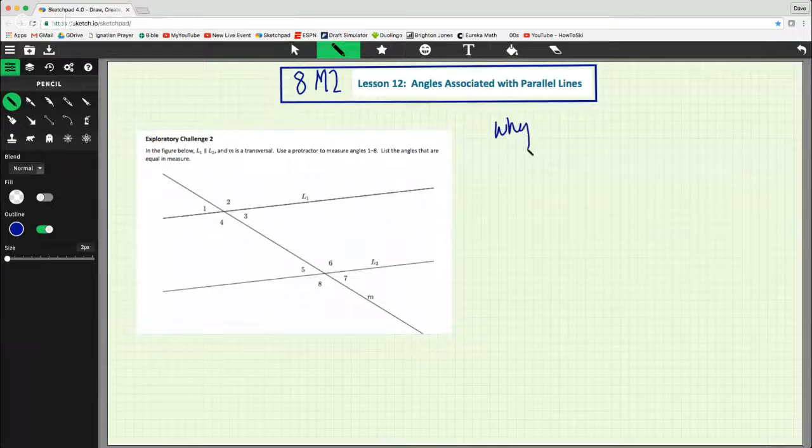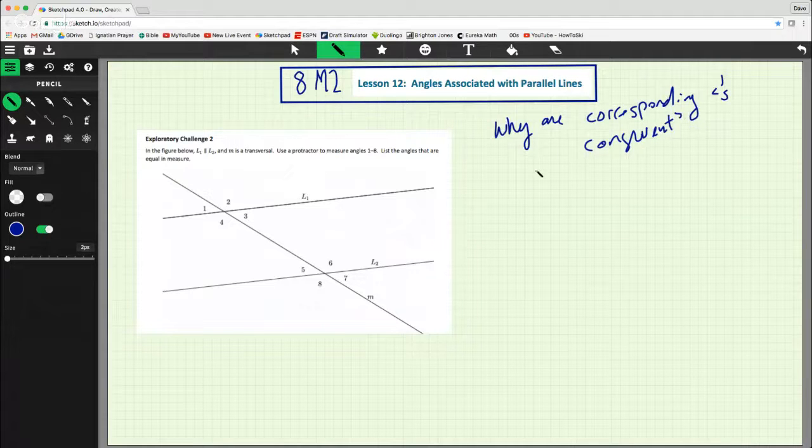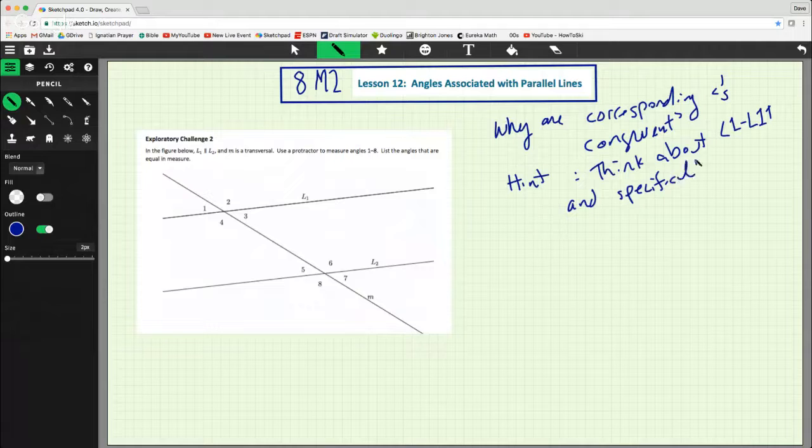Why are corresponding angles congruent? And the hint is to think about lesson 1 through lesson 11, and specifically translation.